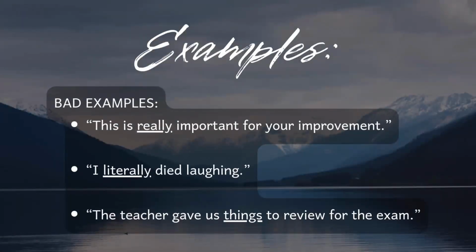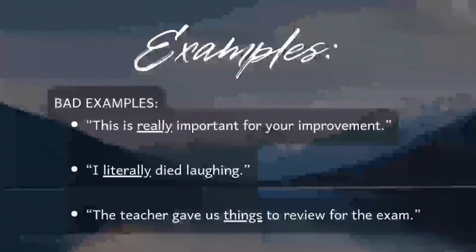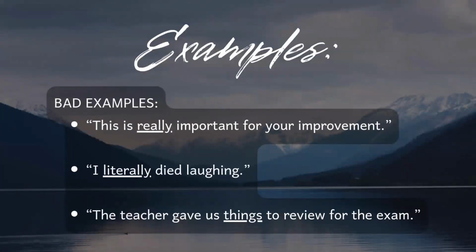So in the first example, it says this is really important for your improvement. Now imagine someone said that to you, and it would feel like every other person saying that to you. It doesn't feel any different. Why? Because it feels like every generic sentence that we hear all the time around us.